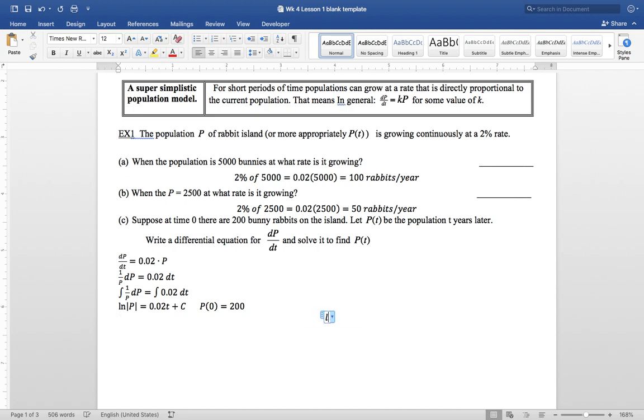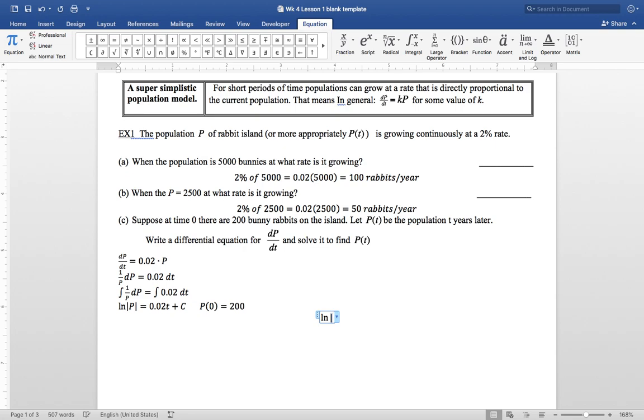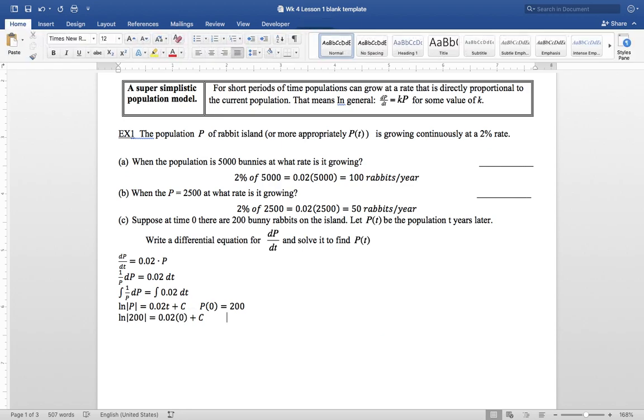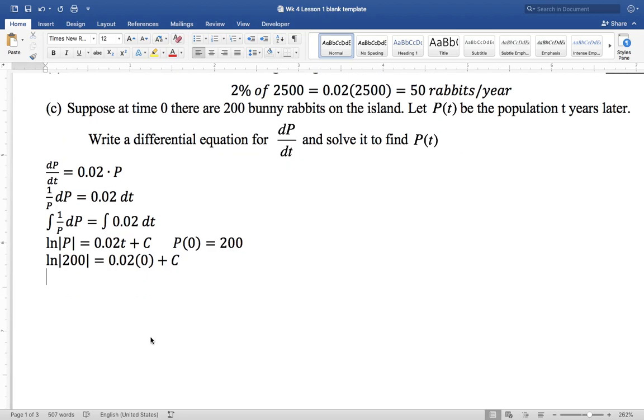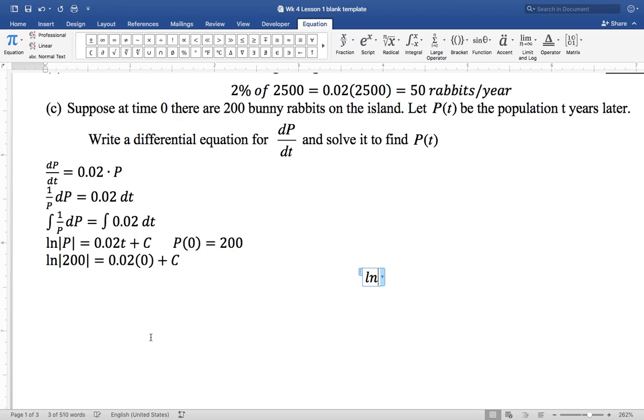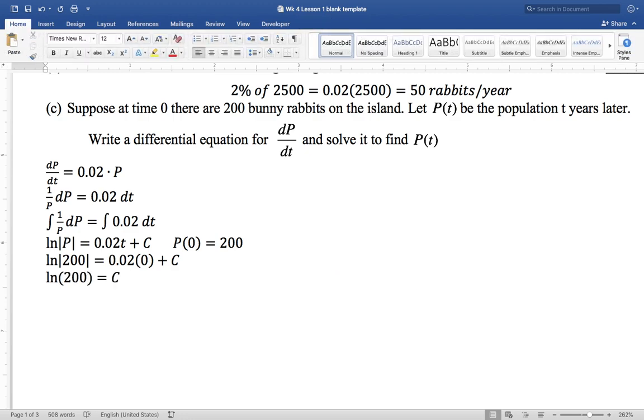I find that the natural log of absolute value 200 is equal to 0.02 times 0 plus C. Obviously, the 0.02 term vanishes, and the natural log of the absolute value of 200 is just ln 200. So I find that ln 200 is equal to C. That's my arbitrary constant.